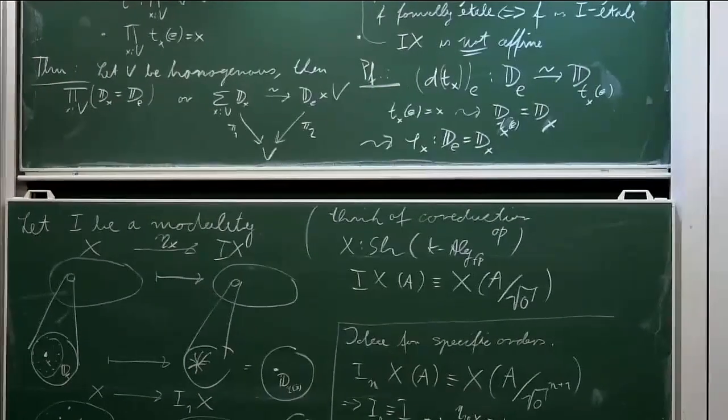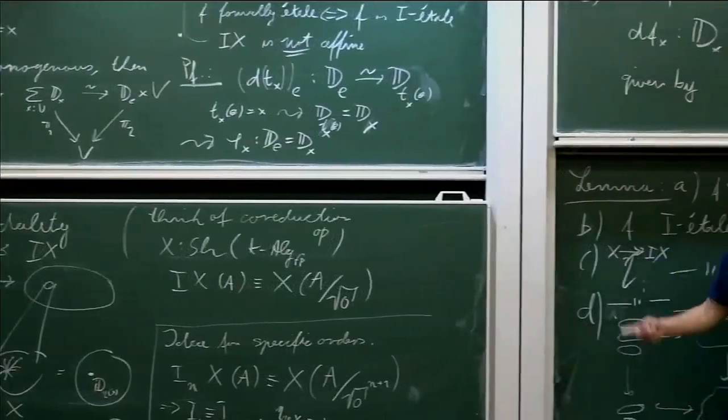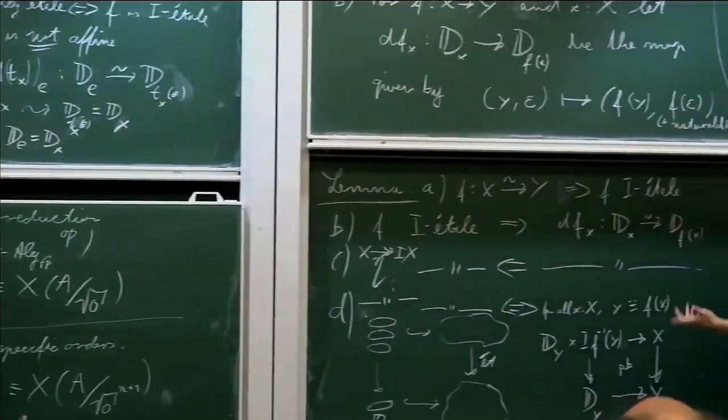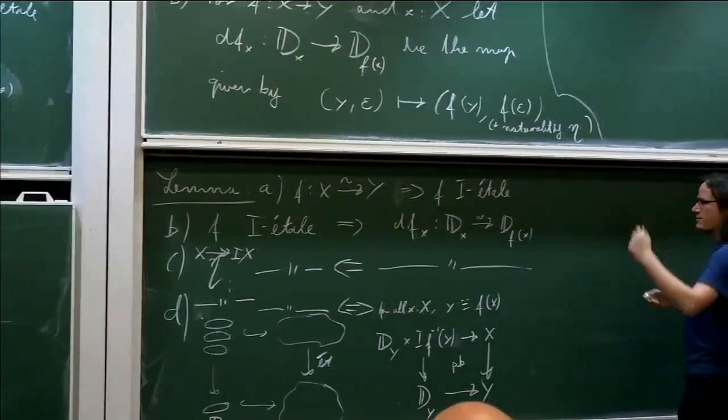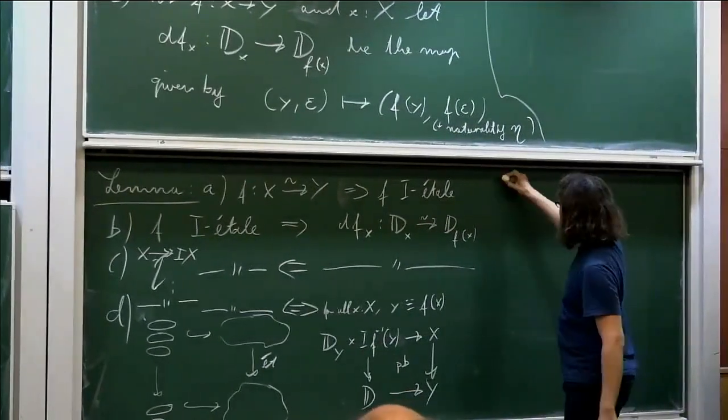Since it came up, I want to briefly mention how you see the trivial G structure from this thing, because it's just so easy.